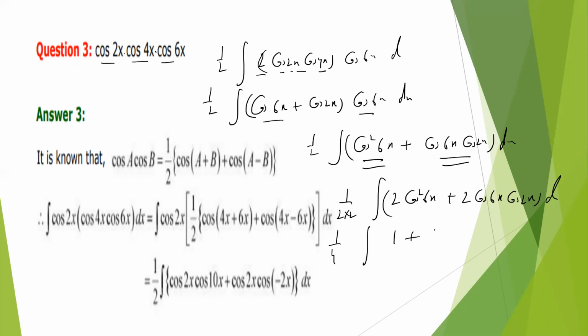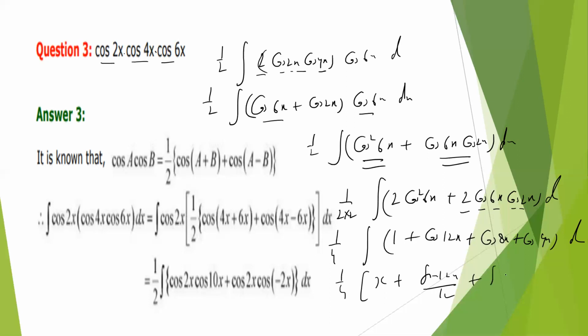That is 1 plus cos 2x, that is cos 12x. 2 cos A cos B, that is cos(A plus B) plus cos(A minus B), 6x minus 2x. Now it is free from power and product. So it can be easily integrated: 1 by 4 [x plus sin 12x by 12 plus sin 8x by 8 plus sin 4x by 4] plus c.